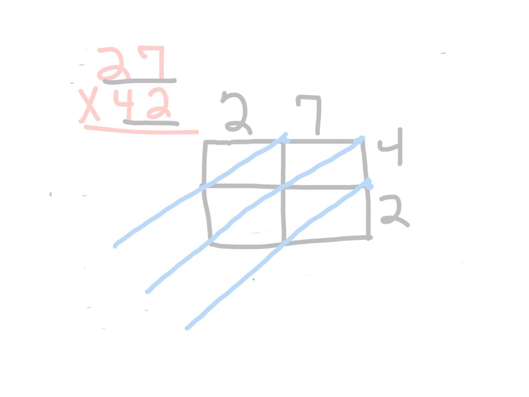Now I'm ready to multiply. So let's start in this box. So now I have 7 times 4, which is 28. 7 times 2, which is 14. 2 times 4, which is 8. And 2 times 2, which is 4.